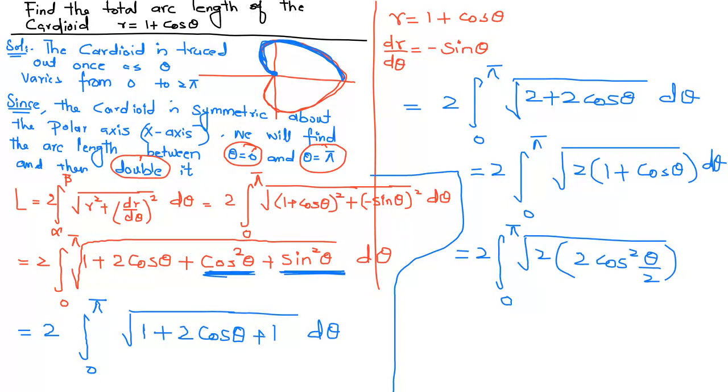I don't know if you remember that 1 plus cosine of 2 theta, divided by 2, is equal to cosine square theta. If it is 2 theta, you have to write here theta.